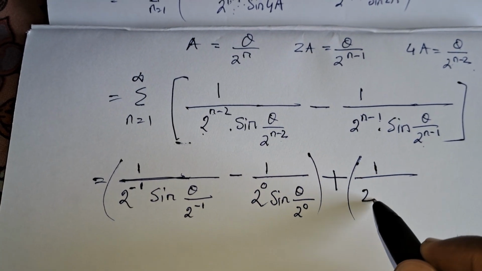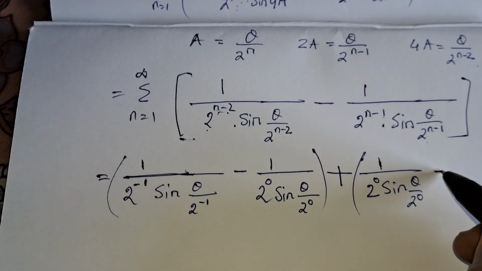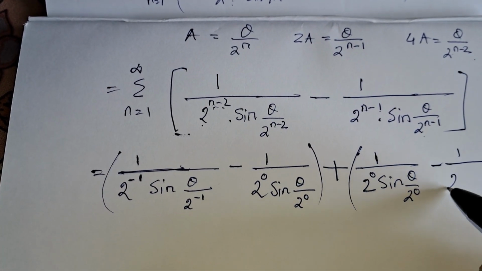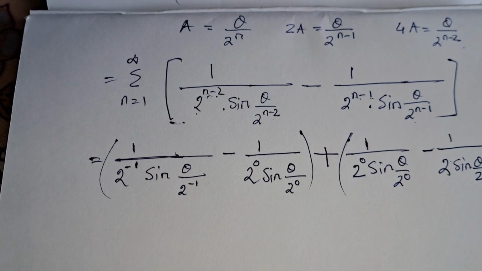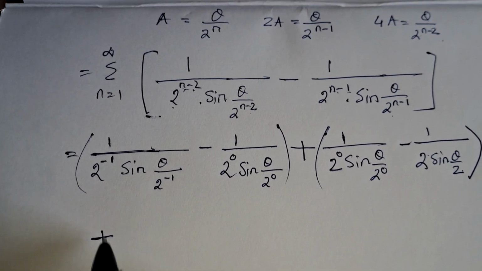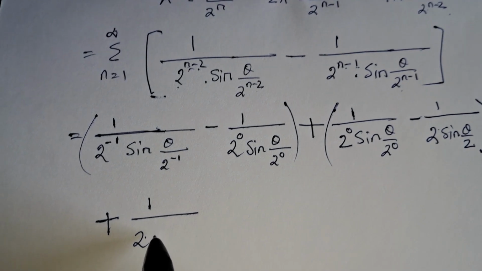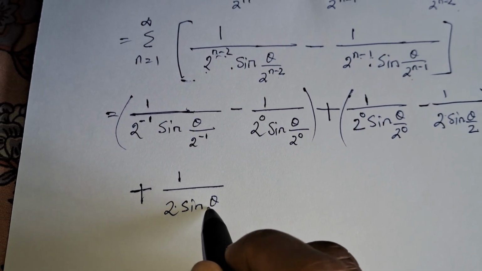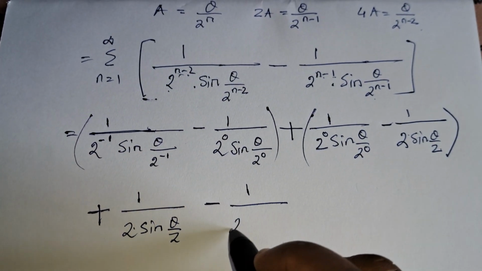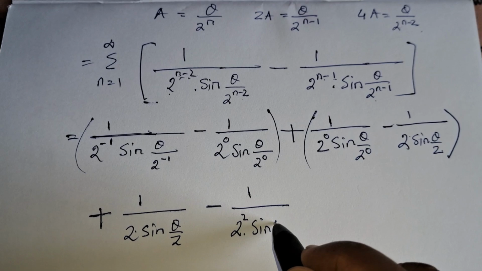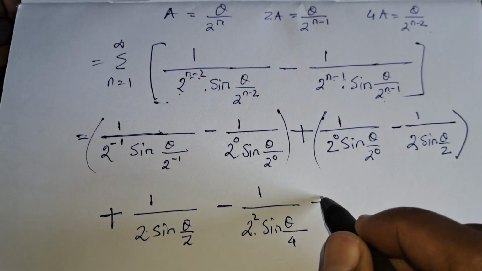So 1 by 2 to the power 2 minus 2 means 0, sine theta by 2 to the power 0 minus 1 by, for this one 2 minus 1 means 2, sine theta by 2. N equal to 2 is done. Now for n equal to 3, this one will be 1 by 2 to the power 3 minus 2 means 1, sine theta by 2 minus, for this one 1 by 2 to the power 2, sine of theta by, same thing, 3 minus 1 means 2, so you can write 4. So this way it will continue.